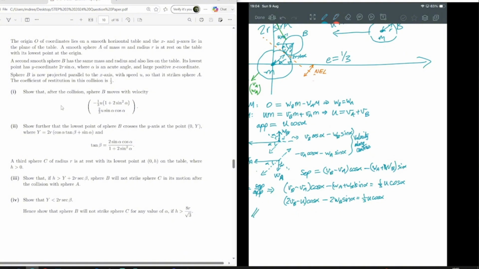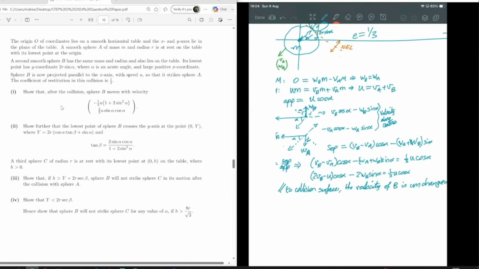So parallel to the collision surface, the velocity of B is unchanged, and that also means that the velocity of A along that line should be 0.